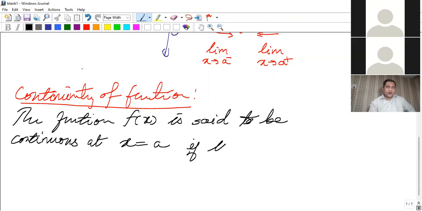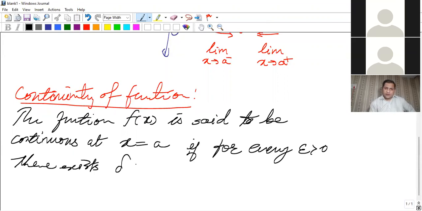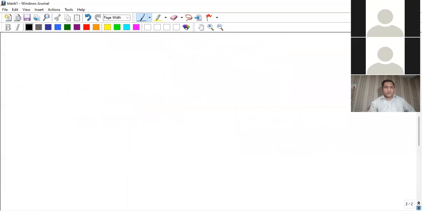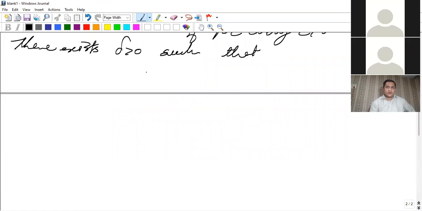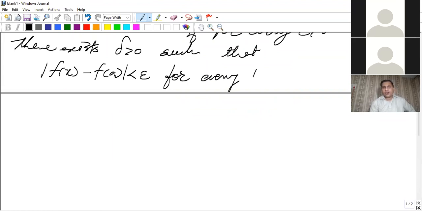If for every epsilon, epsilon is a small number, for every epsilon greater than 0, there exists a delta greater than 0 such that mod of f of x minus f of a is less than epsilon for every mod of x minus a less than delta.